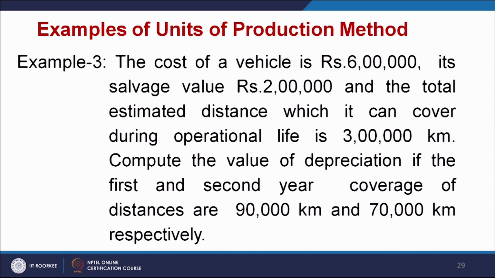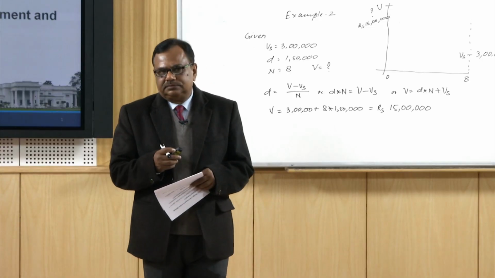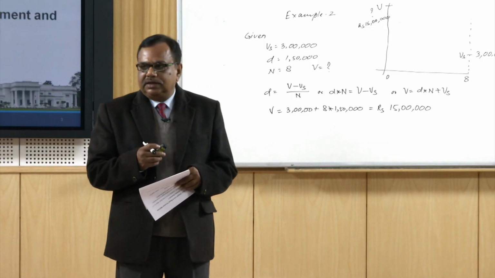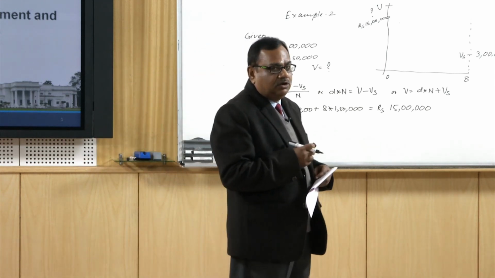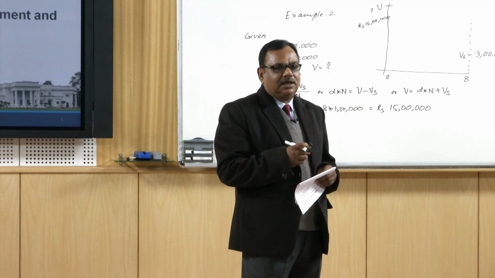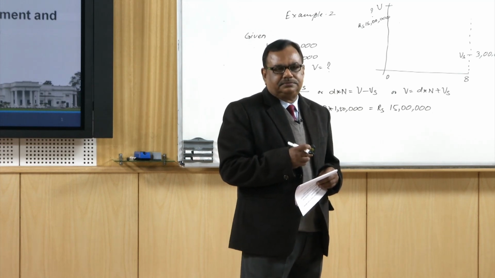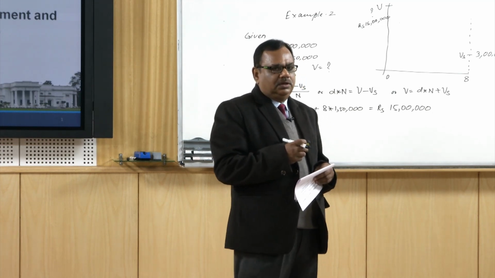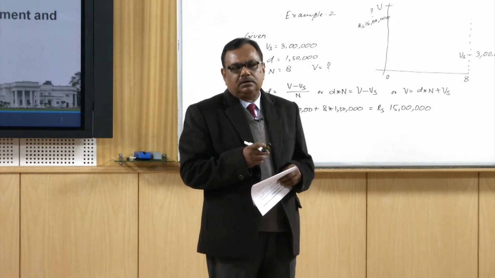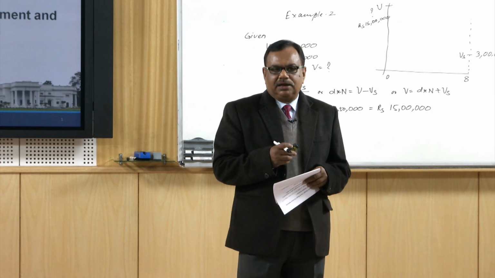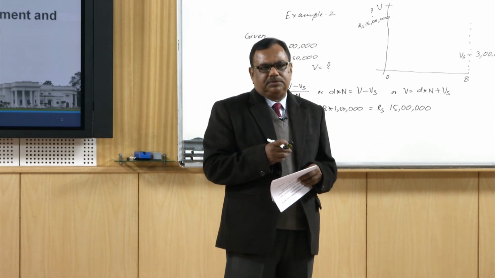Now, in this problem you see that the useful life is not given, but in place of the useful life, the useful kilometers that this vehicle could travel is given. So, the N is replaced by the useful kilometers the vehicle can travel, and which is 3 lakh kilometer.